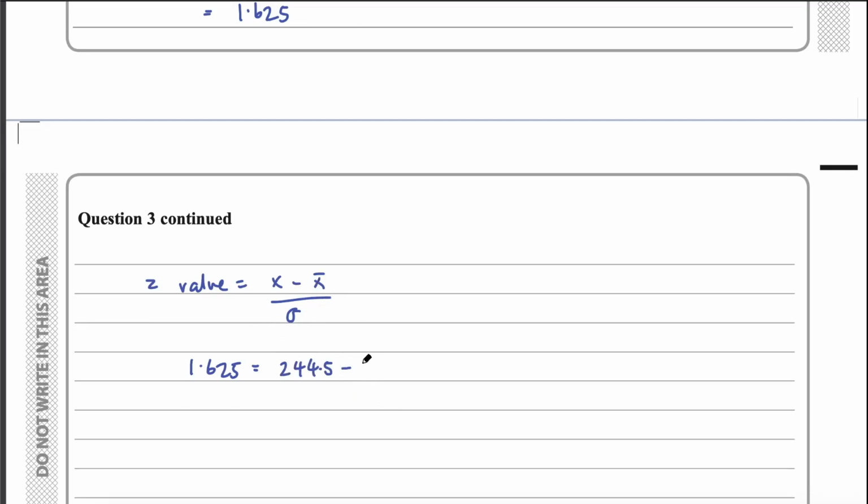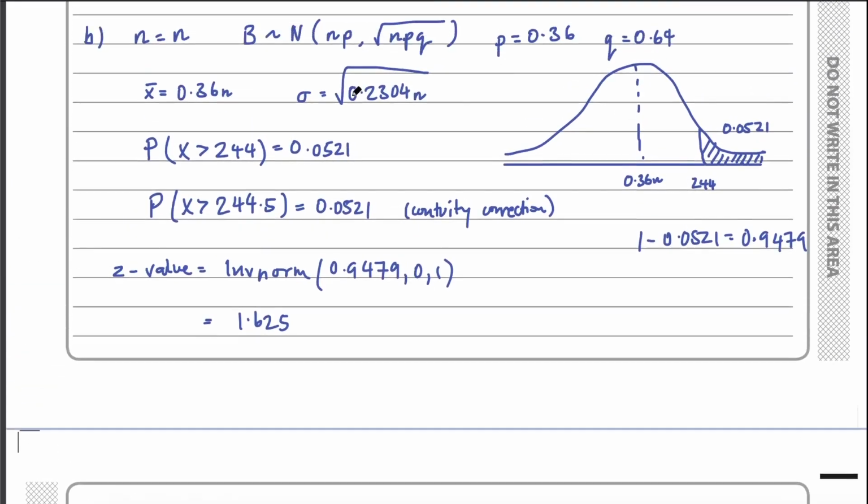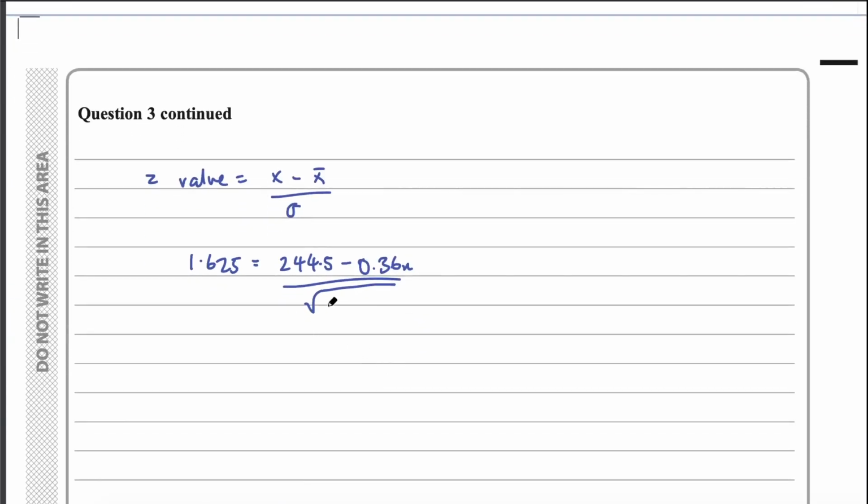We have the sample mean, which is 0.36n. And we have the standard deviation of the square root of 0.2304n. Okay, now we have an equation and we just need to go ahead and solve for n.